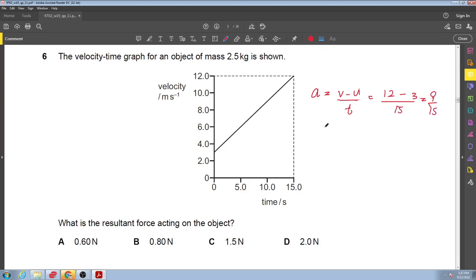Then you can use F equals ma, because we are going to find the resultant force, so 2.5 times 9 divided by 15. So the correct answer is 1.5. So our answer is C.